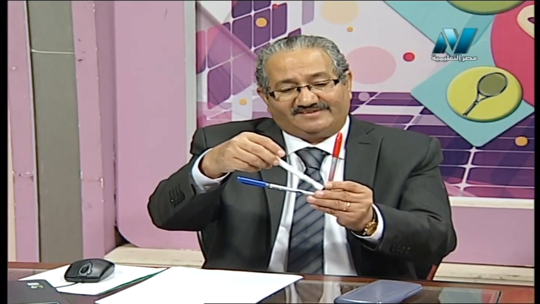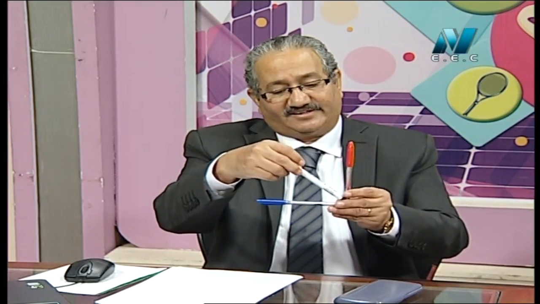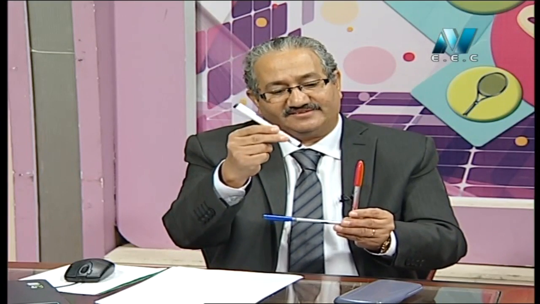We cancel these two forces and the resultant remains, inclined at an angle theta on the first force. The second lesson was: I have a force as a resultant, and we would like to cancel it or find two components instead of it.